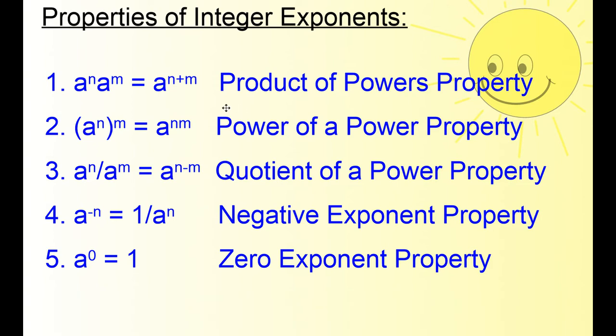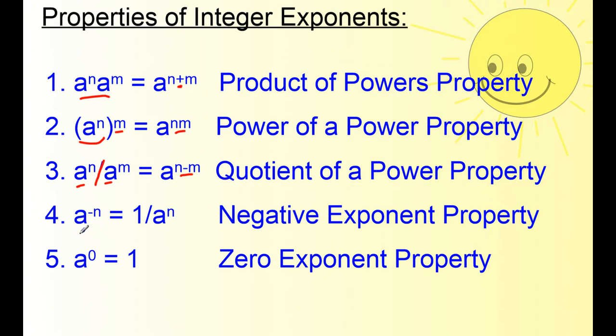We have the product of a power property, where if you have 2 powers that are being multiplied together, you add their exponents. We have the power of a power property. If you have a power that has an exponent, then you multiply the exponents together. If you have 2 powers with the same base that are being divided, you subtract their exponents, or when we did it, we did the canceling.